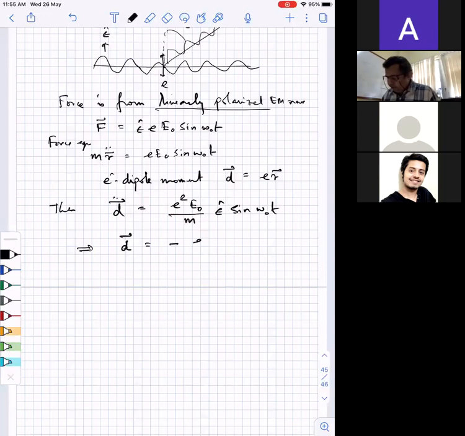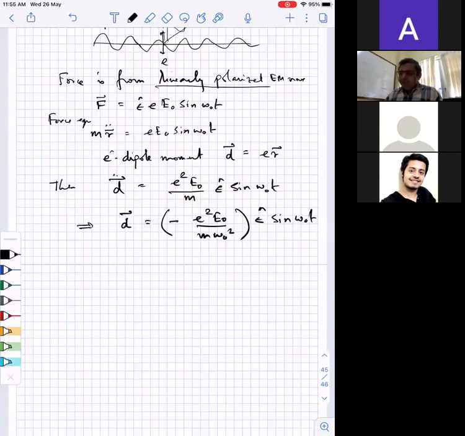So this will give you e squared E0 over m omega naught squared, times this whole thing, then sine omega naught t. Okay, so this is basically the oscillating dipole amplitude D0.